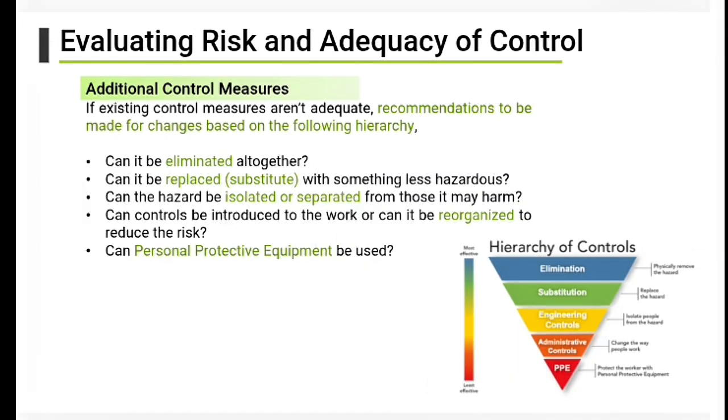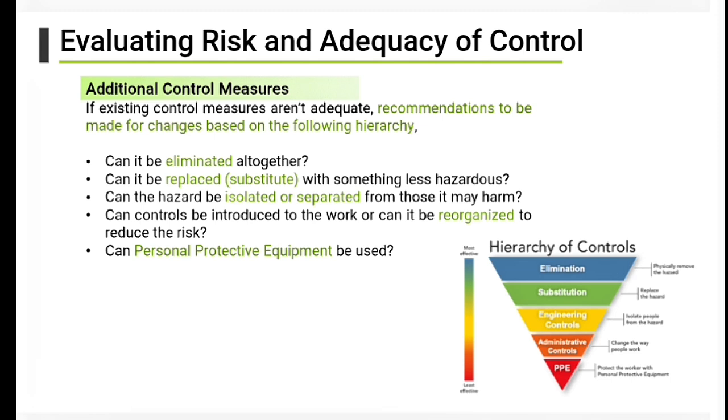In the process of evaluating and enhancing workplace safety, risk assessments consider both existing control measures and the potential need for additional safety measures. To achieve the highest level of safety, a systematic hierarchy is followed. First and foremost, the aim is to eliminate the hazard entirely, whenever possible. If complete elimination is not feasible, the next step involves substituting the hazard with a less dangerous alternative.